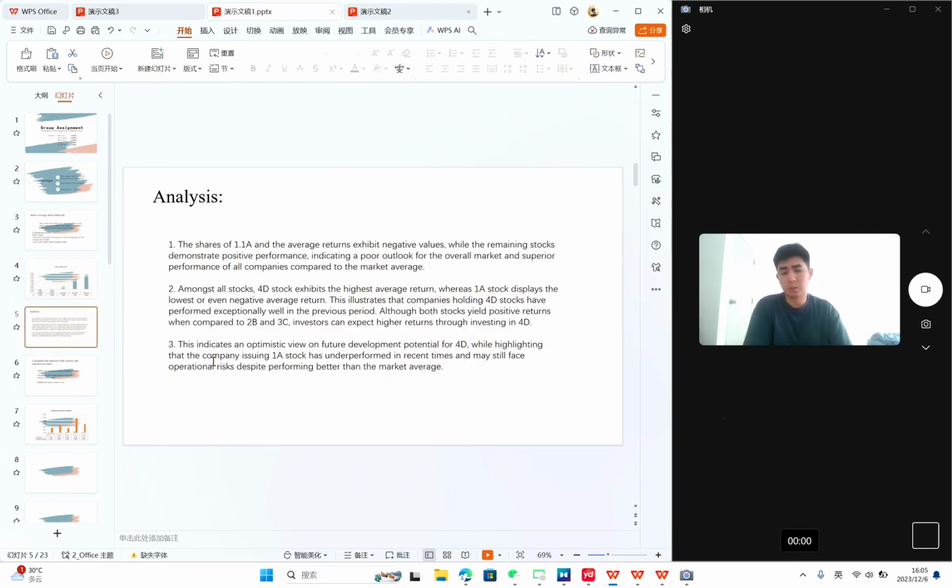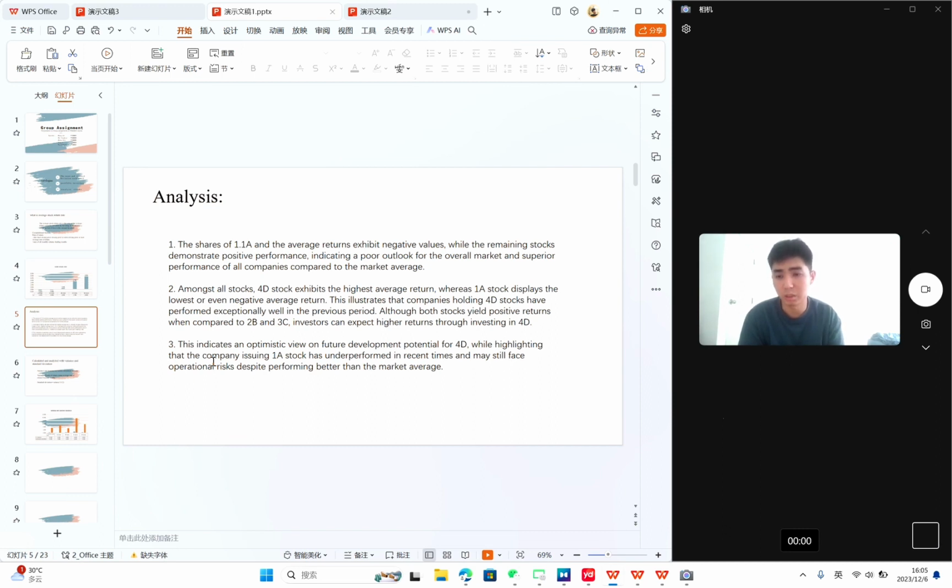And from the calculation, we can get some analysis and suggestions. The first one is that the 1A average return exhibits a negative value, while the remaining stocks demonstrate positive performance, indicating a positive outlook for the overall market and the superior performance of all companies compared to the market average.